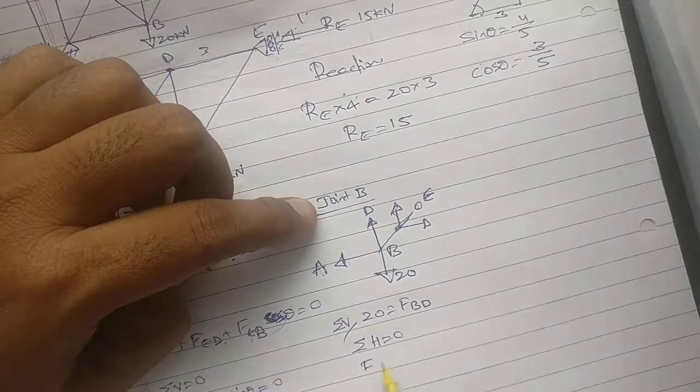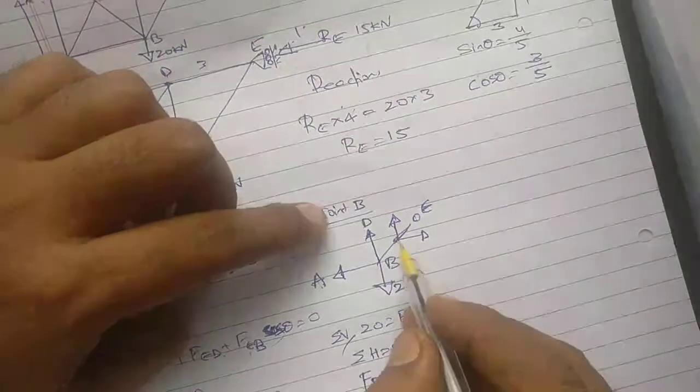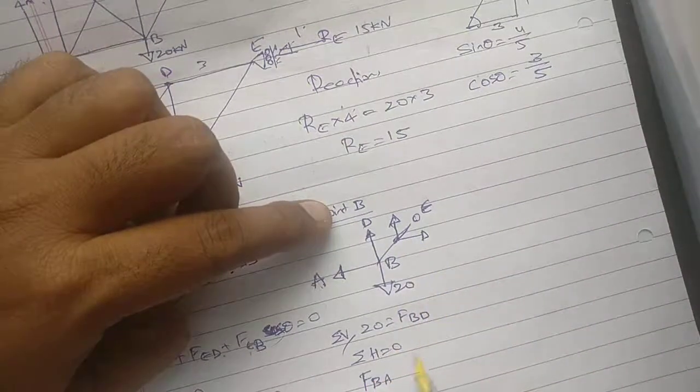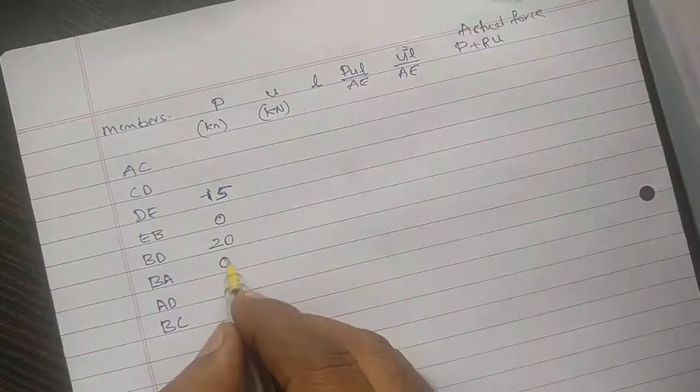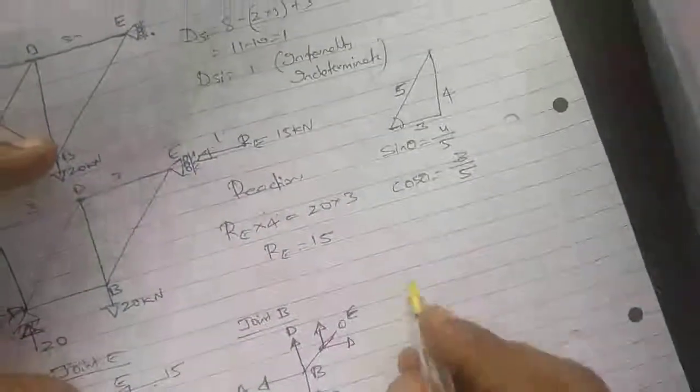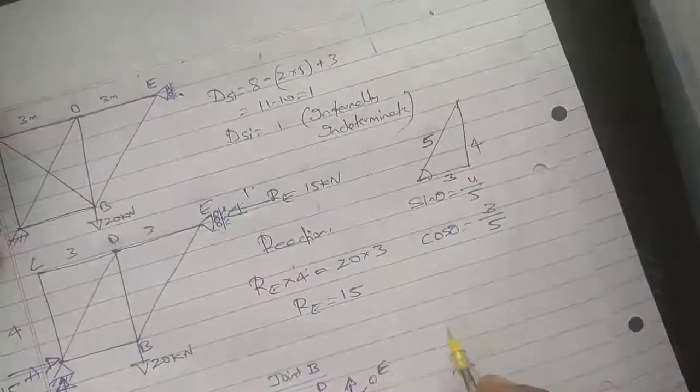FBA, this is 0, so again FBA will also become 0. Joint B is over. Now we'll go for joint D.